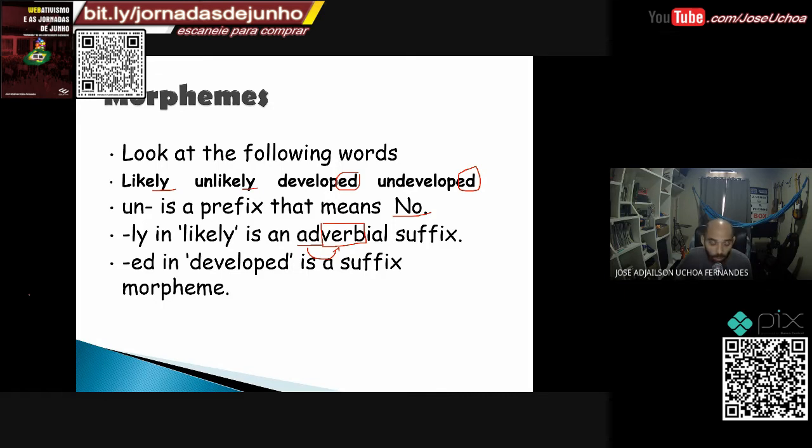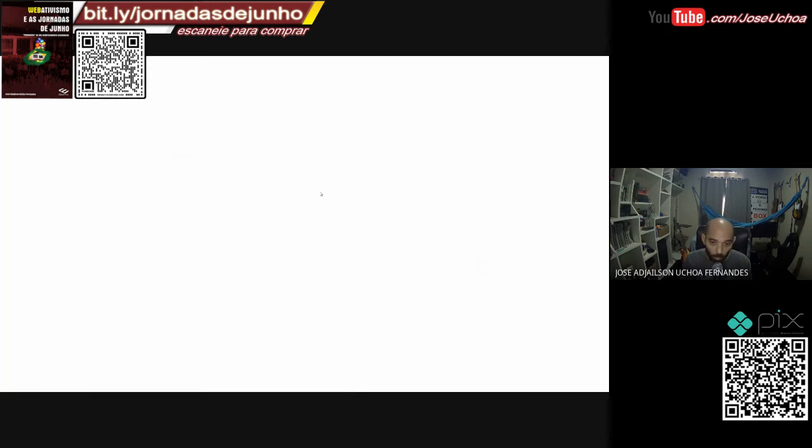And what are the functions of the final ed in an adjective, which seems to be the case here? Well, it will depend on where we apply this word developed and undeveloped. Sometimes it's a verb and sometimes it's an adjective. Example. Do you see the whiteboard again? Yes.